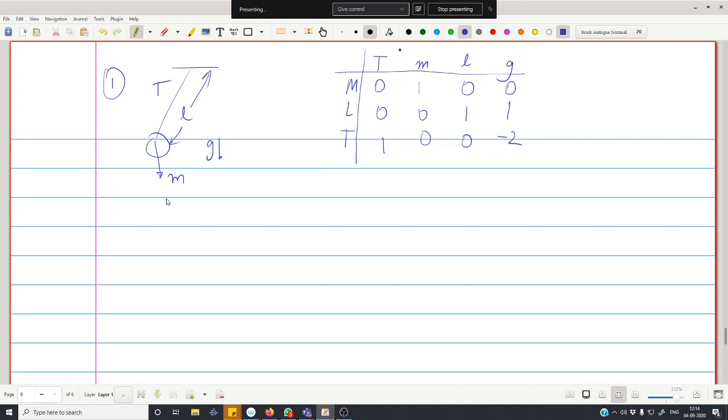Now let us find out the rank of this dimensional matrix. So what is the rank? Yes, sir. So the rank is equal to 3.